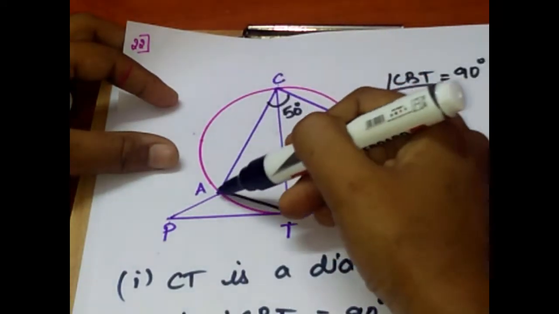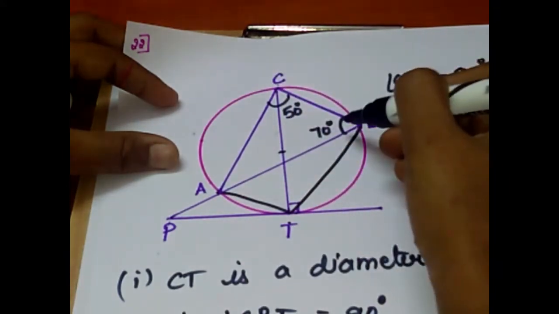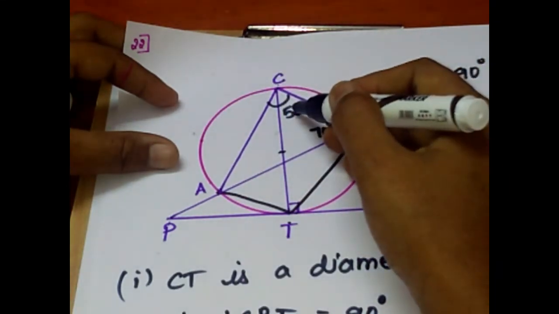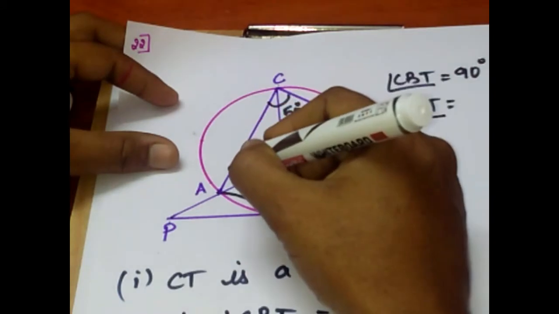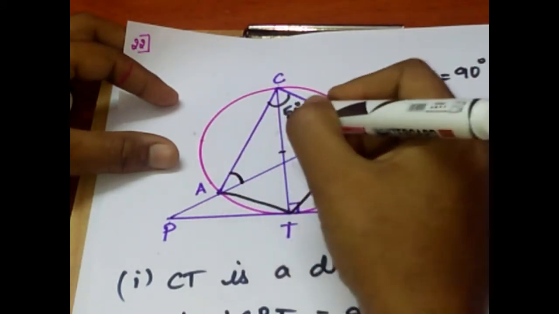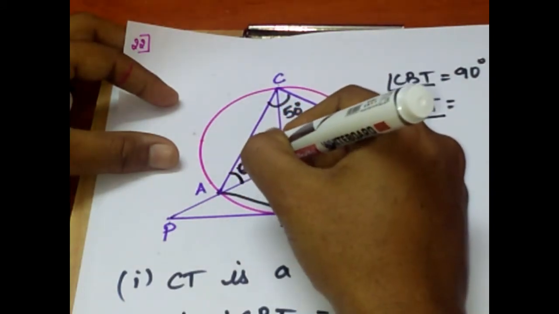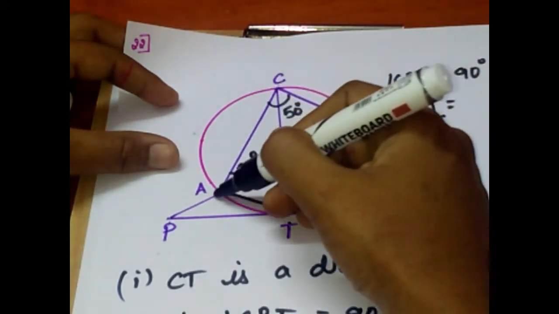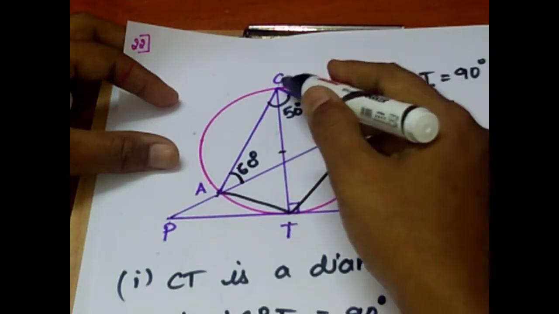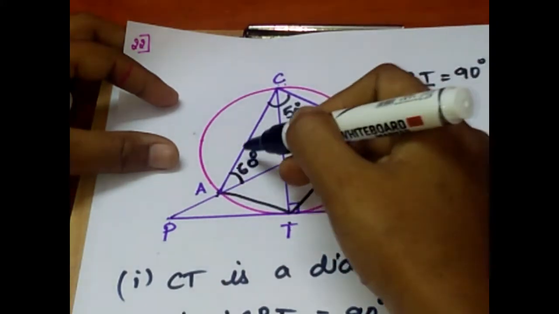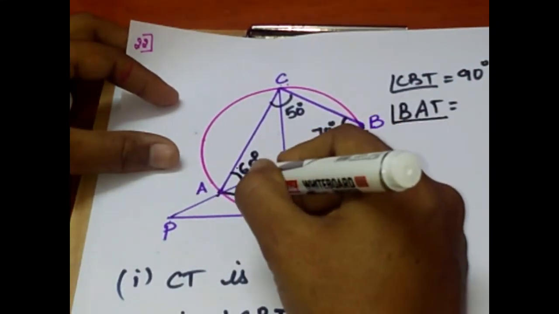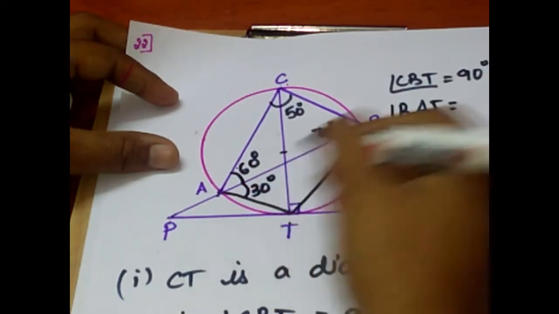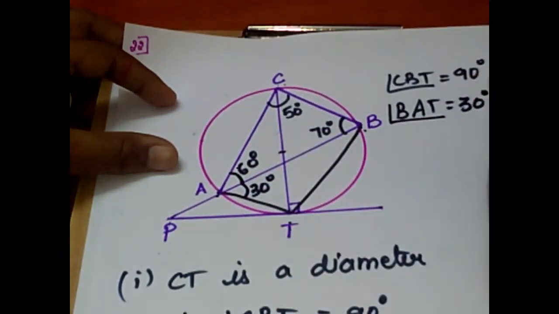If you consider the triangle ABC, angle B is 70, angle C is 50. So with the help of angle sum property, I can say that angle CAB is 60 degree. So the complete angle CAT is 90 and CAB is 60. Hence the measure of angle BAT will be equal to 30 degree. That is point number 2.